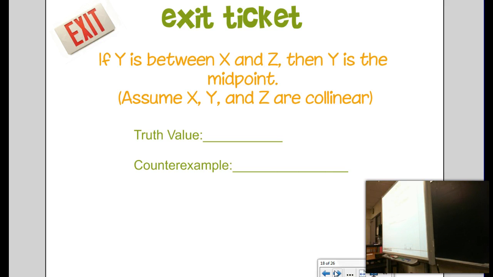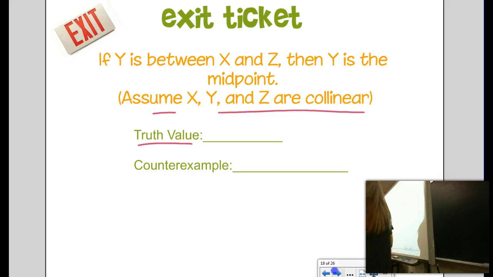If y is between x and z, then y is the midpoint. True or false? They are collinear, they're on a line. True or false?